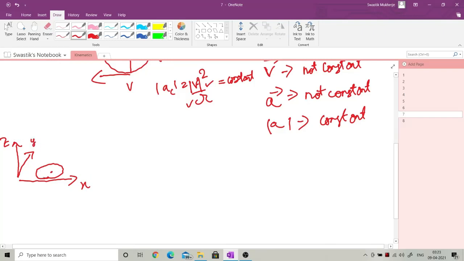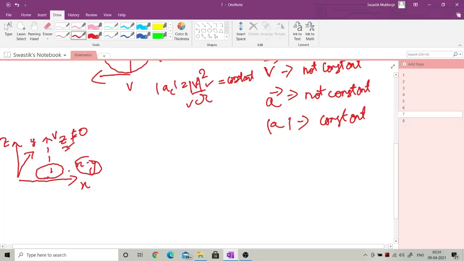Now in normal uniform circular motion, the velocity vector of the particle is always in the xy plane. Now if you also add a velocity vector in the z direction, then it becomes a spiral. I'm not going to draw one because that will make the drawing messy, but you should understand that when this v_z becomes non-zero, it traces a spiral.